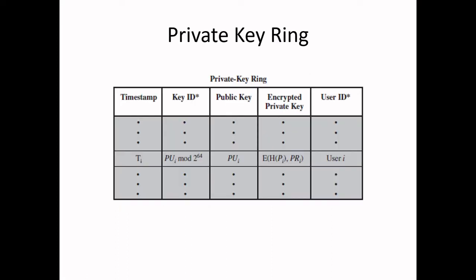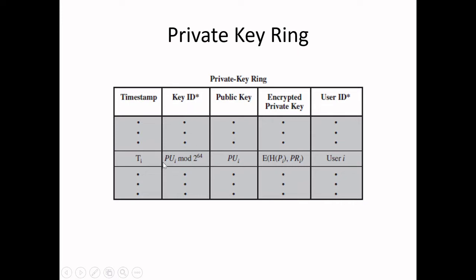So how does the private key ring look? The private key ring is for storing the public key private key pairs of the current user or node. It has the timestamp at which this public key private key pair was created. As we said earlier, every key is identified using a key ID.